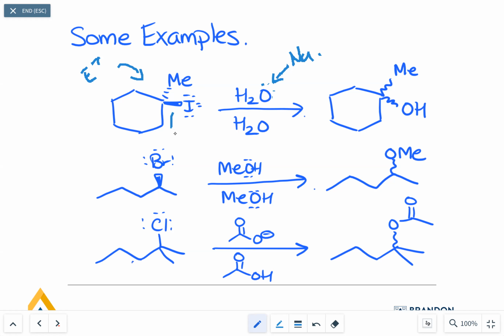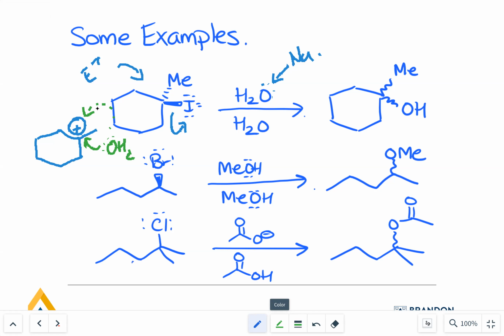So the first step will be iodine leaving, and this is going to give us the following carbocation. And so when water attacks this, it can attack from the top or it can attack from the bottom. And so this is why you see these squiggly lines over here.